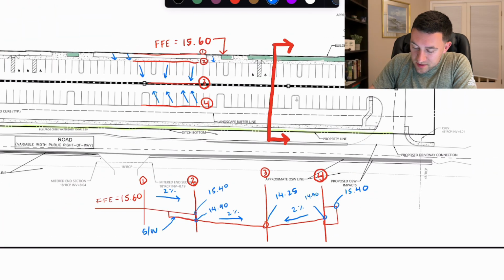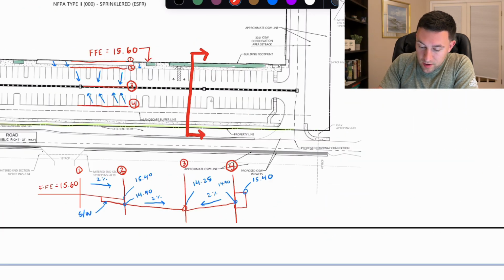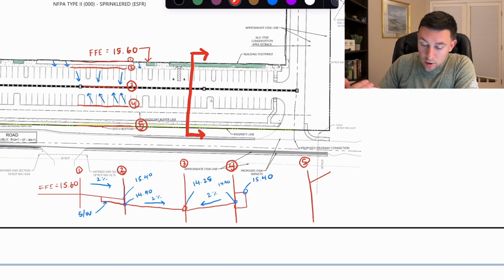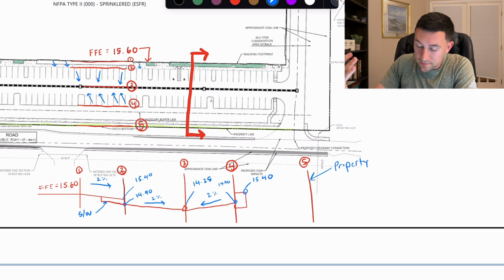So now that we've established that this grade right here, that elevation right there, we can understand how we're tying into this boundary at number 5. Number 5 is the most important. We need to know how we are matching our grade. So based on our survey, our existing elevation at that property line is 10, elevation 10.